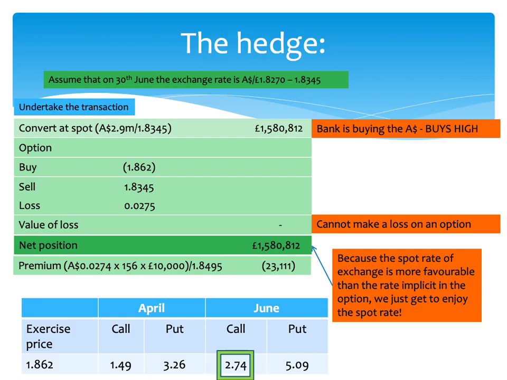So multiply it by 156, which is the number of contracts, and then multiply it by £10,000, which is the size of each contract. What that will give you is the total premium, but it will give you the premium in Australian dollars. Okay, so the premium will be in the wrong currency.